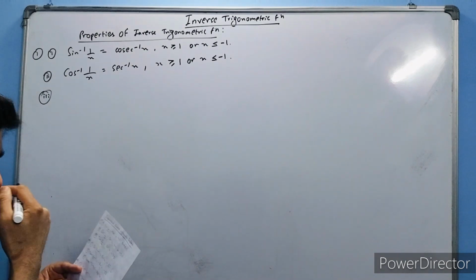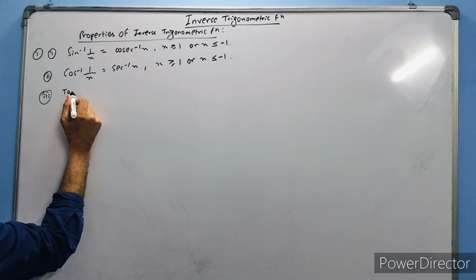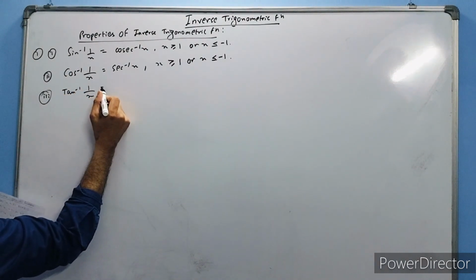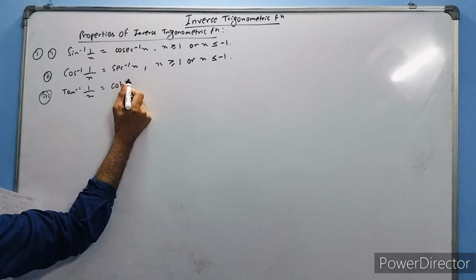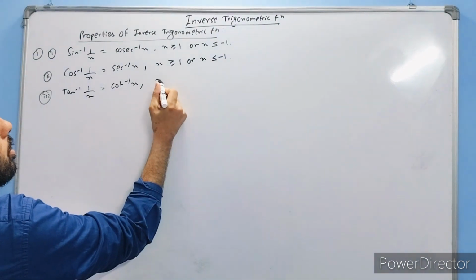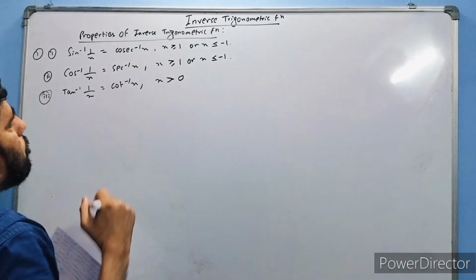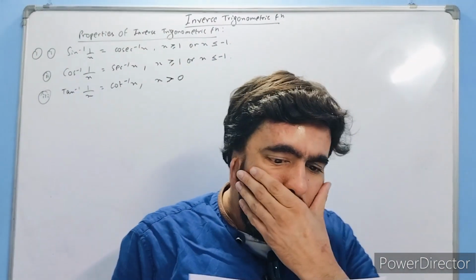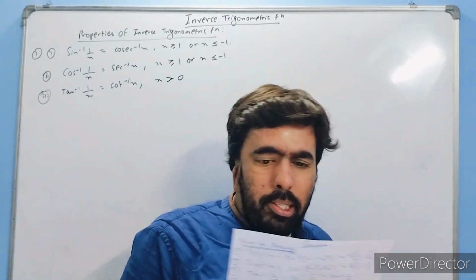Now the third property is tan inverse 1 upon x is equal to cot inverse x, where x is greater than 0.